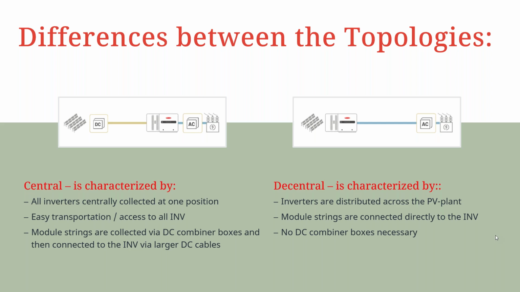On the flip side, you have the decentralized design that requires that all the inverters are distributed across the PV plant. The module strings are then directly connected to the inverter. For example, for the Tauro, you would use the already integrated MC4 plugs. And in this case, no additional DC combiners would be necessary.